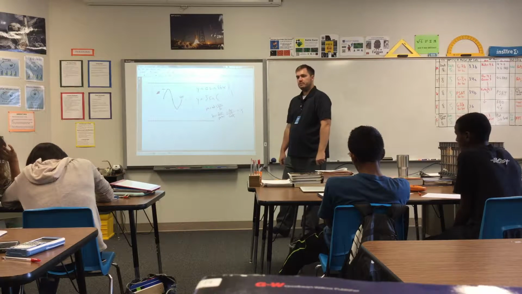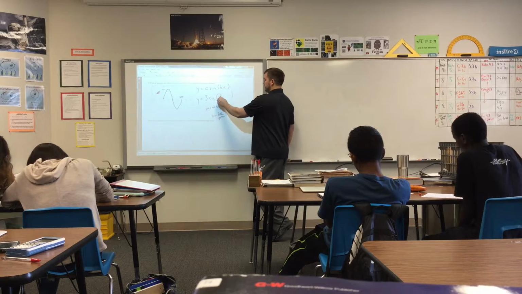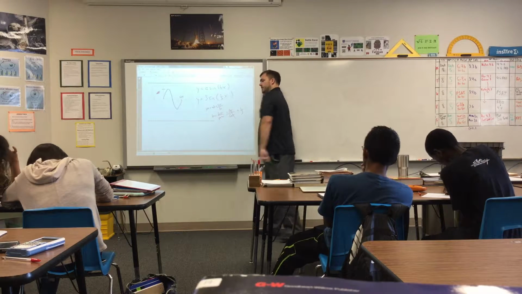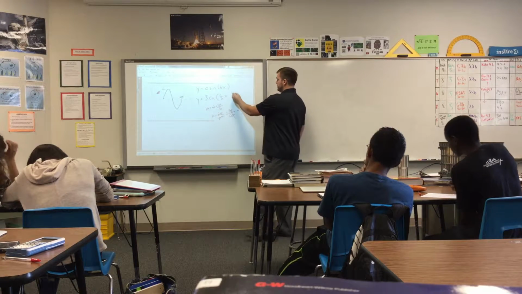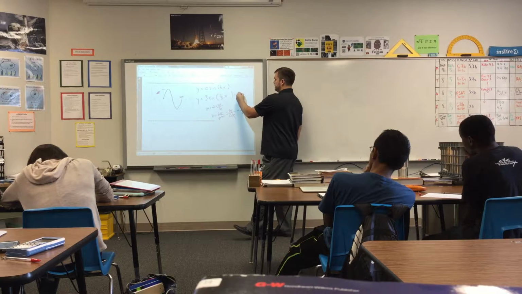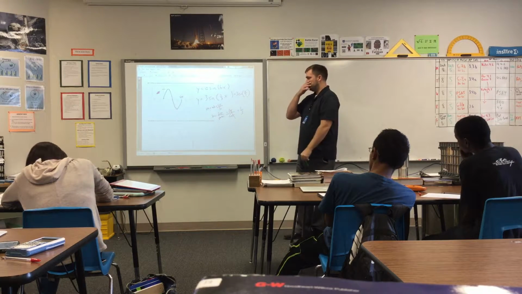So b is 1 over 3. So this is going to be 1 over 3 x. Or sometimes you could write that as 3 sine of x over 3. That would also be acceptable.